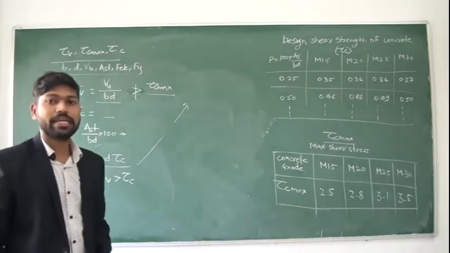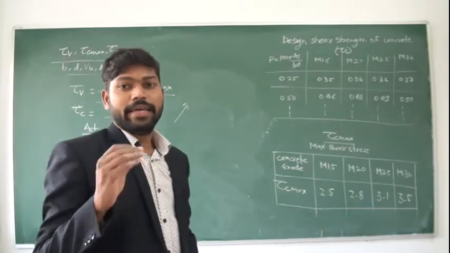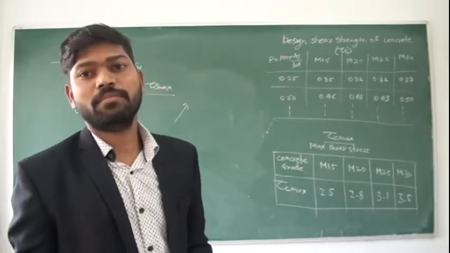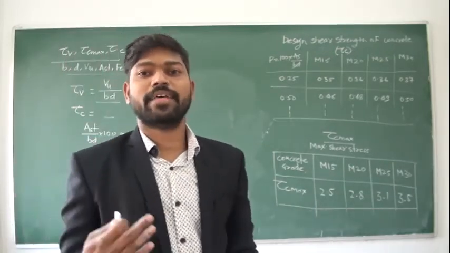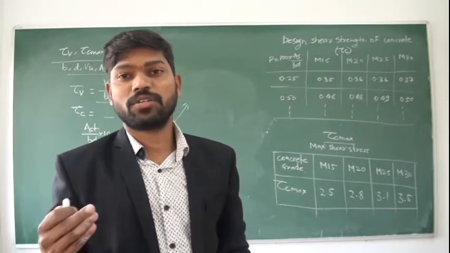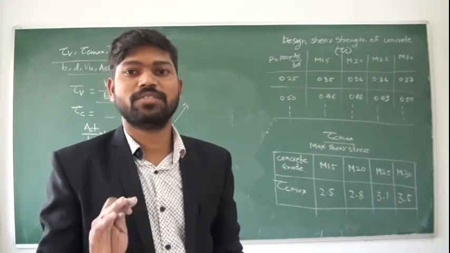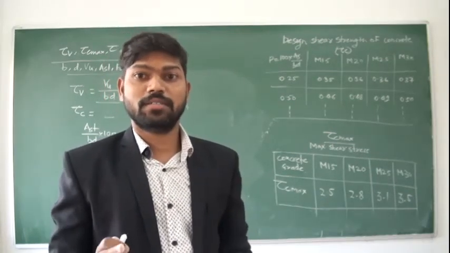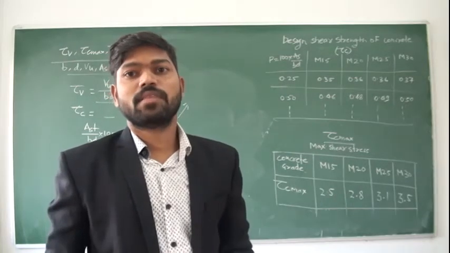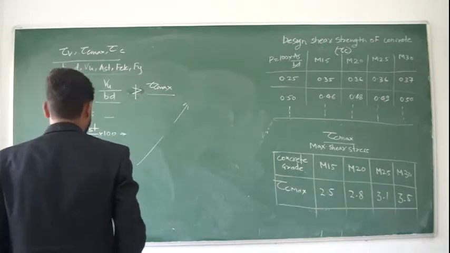In that case, the existing shear stress in the beam is more than the shear taken by the concrete. So there is an extra shear stress for which we need shear reinforcement, a design shear reinforcement. There is a special requirement for the shear reinforcement. So now for that case, how will you design?